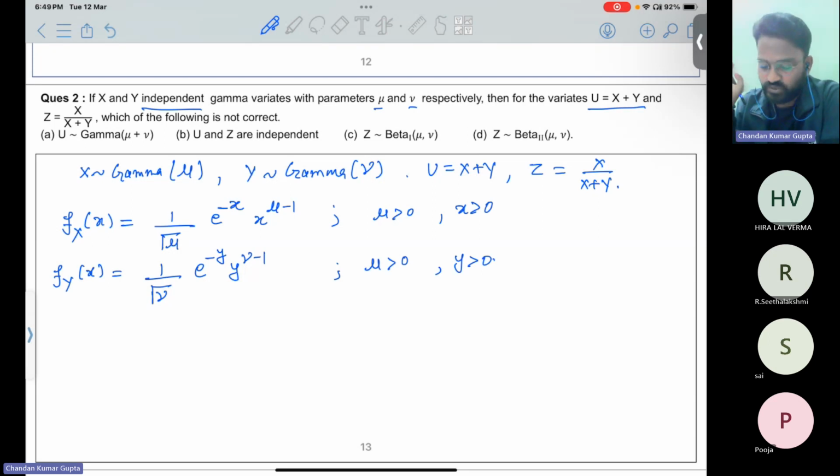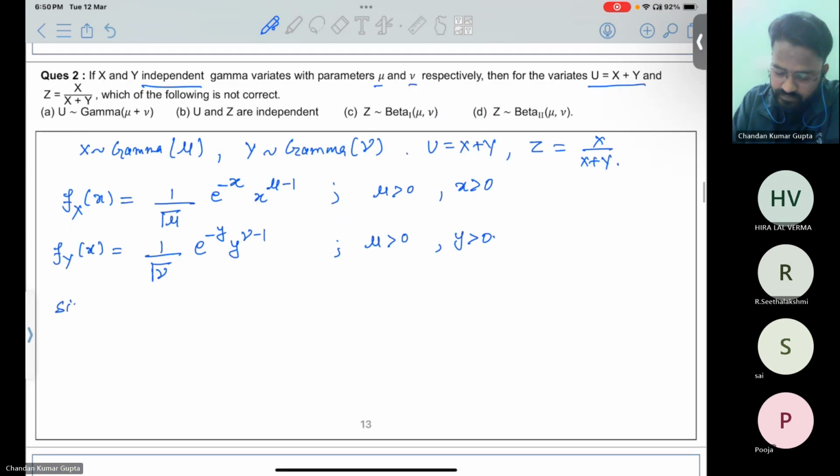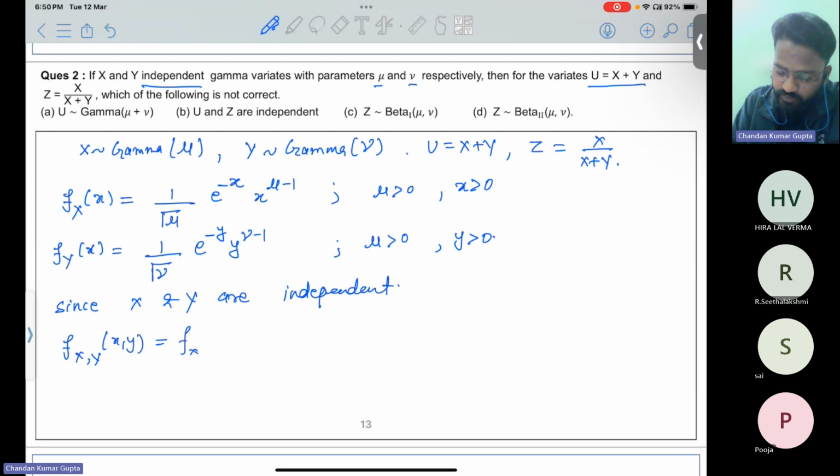Okay, so since it is given that x and y are independent, that means the joint PDF of x and y equals the product of the PDF of x and the PDF of y.